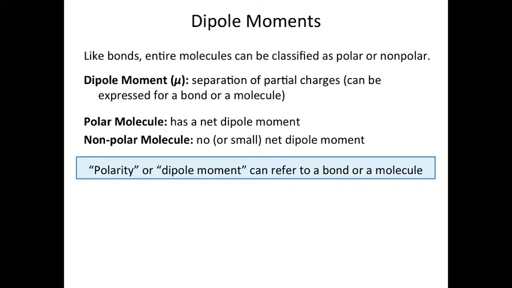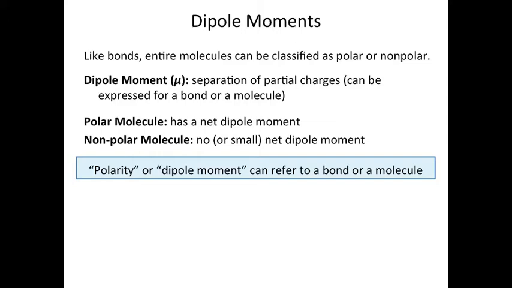Okay, so up until now we've discussed dipole moments that are for an individual bond, but you can apply this logic across an entire molecule. And this is the ultimate thing that I think matters more, because whether your molecule is polar or not dramatically affects its behavior, properties, etc. So we can take the same definition for a dipole moment, still has the same sign, mu, and talk about this as separation of partial charges across a whole molecule instead of across a whole bond.